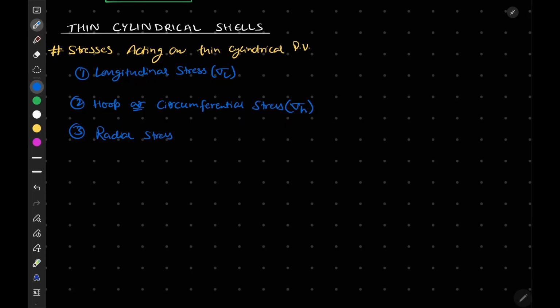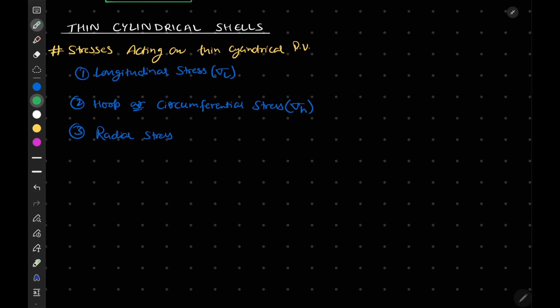Basically these three types of stresses act in all types of pressure vessels. Now in case of thin pressure vessels, your radial stress magnitude is very small. Okay, I will mention it later.